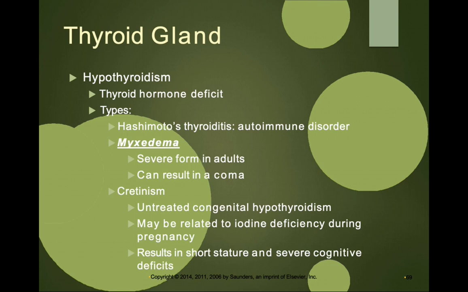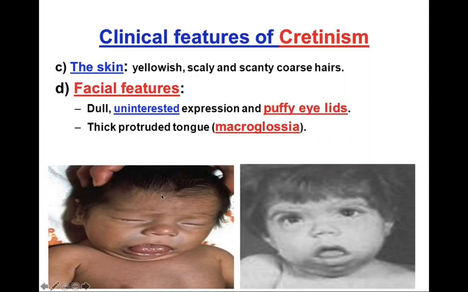In young children, it needs to be diagnosed, especially in a mother when she is pregnant, to make sure that the baby's development is not affected, because if a mom has a thyroid imbalance, it can result in cretinism of the baby. I'll show you what that looks like. There's short stature of the baby and severe cognitive deficits.